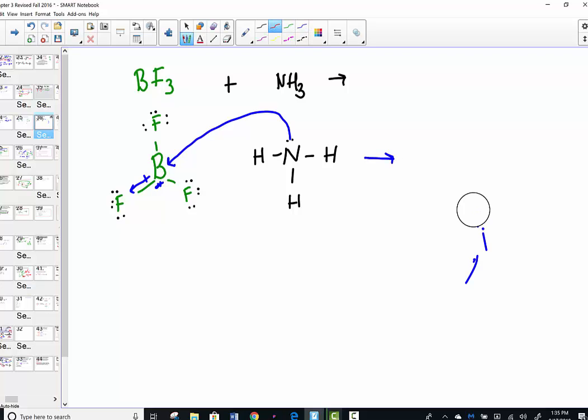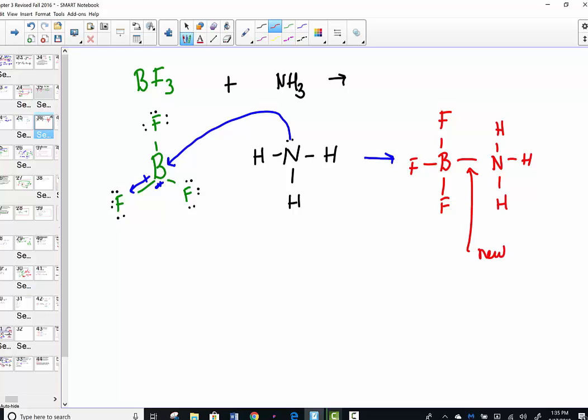On the product side, instead of conjugates, because we're not transferring protons at all, we're forming an attachment. The boron trifluoride is now simply attached to the nitrogen from the original ammonia molecule. This is a new bond that forms. Notice that we made one product.